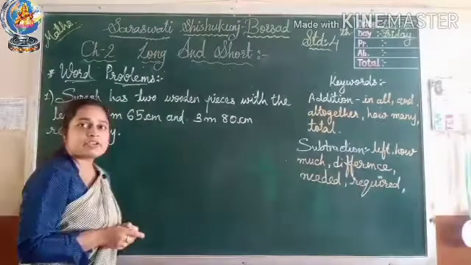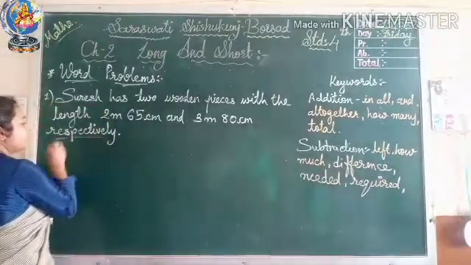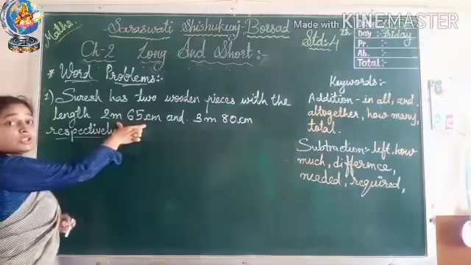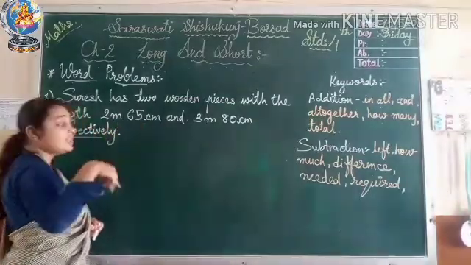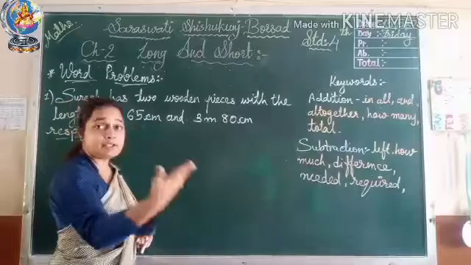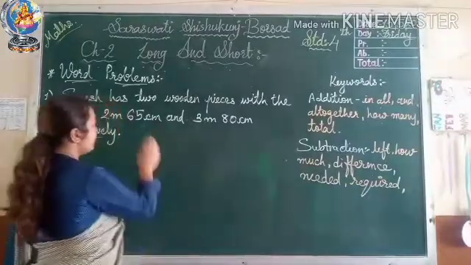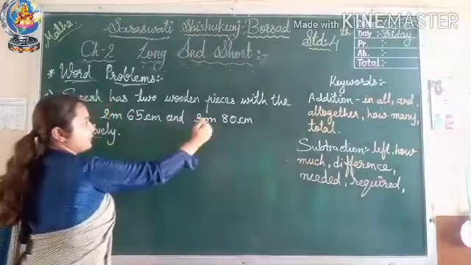When the word respectively is given in the story, it means the first number is for the first one only and the second is for the second. It means they are in sequence.